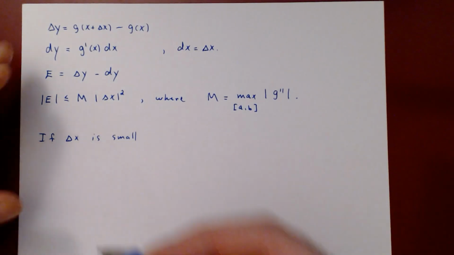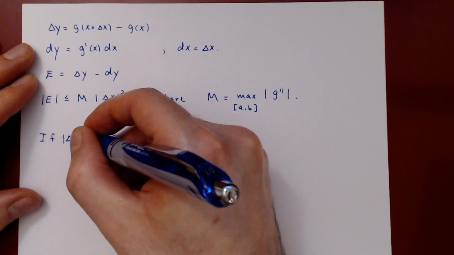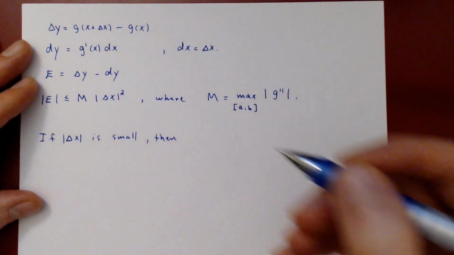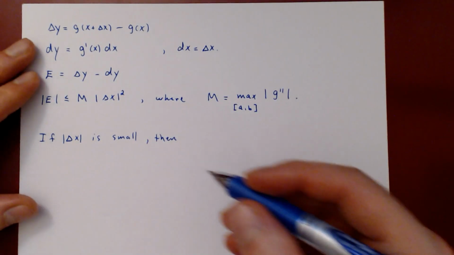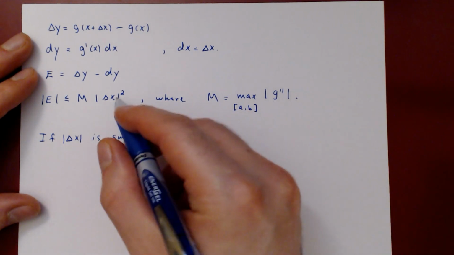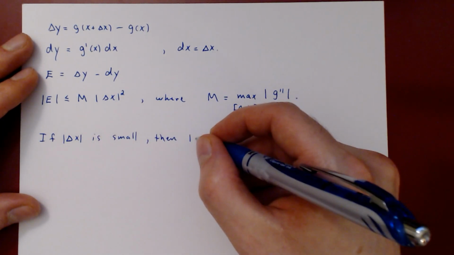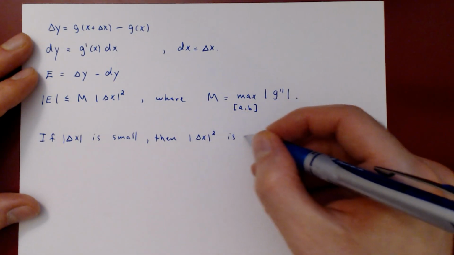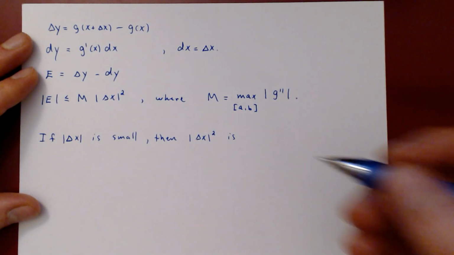And I can even put this in absolute value, right? The size of the change in x is small. And by small I mean less than 1. Then the size of delta x squared is even smaller. And I'll even use the word much.